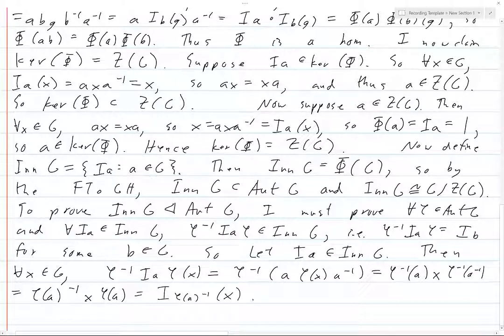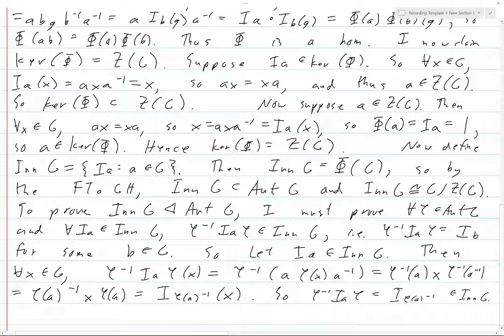And so the desired B in G here is the element phi inverse(A). And so hence, more precisely, phi inverse I_A phi equals I sub phi inverse(A), which is contained in Inn(G).